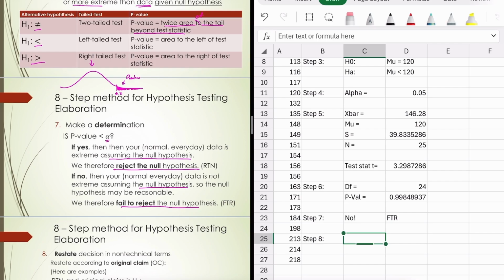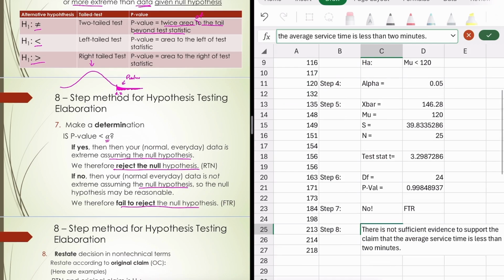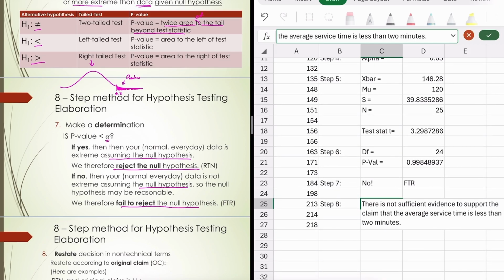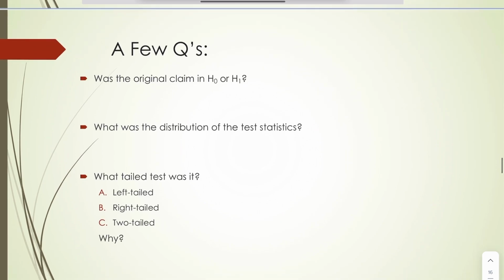We're going to say there is not sufficient evidence to support the claim that the average service time is less than 2 minutes. We certainly can't claim that with the data we have now. There's that example. All right, here are a few more questions for you to answer.